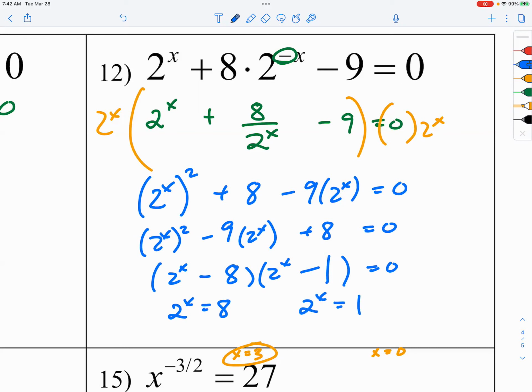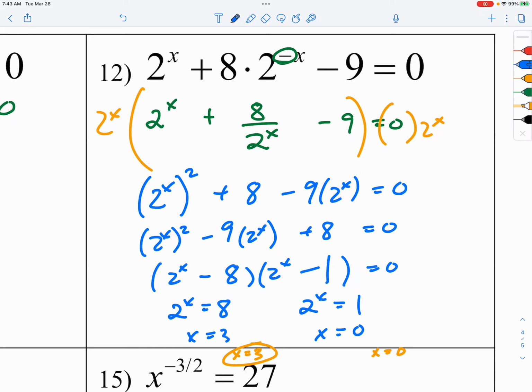This is what I would expect from students in pre-calc. That's a more sophisticated way to show your work. And in calculus, you would definitely not use a dummy variable. Yes?